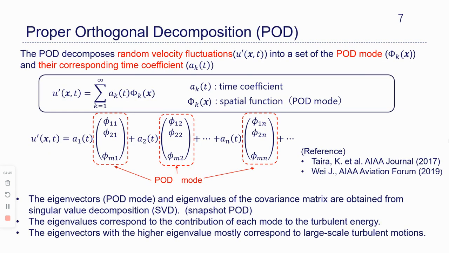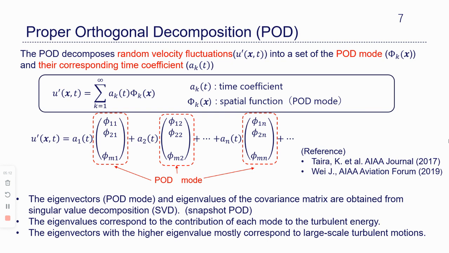I will briefly explain the POD. The POD decomposes the random velocity fluctuation into a set of POD modes and their corresponding time coefficients, like this. The eigenvector, POD mode, and eigenvalue of the covariance matrix of the velocity fluctuations are obtained from singular value decomposition, SVD.